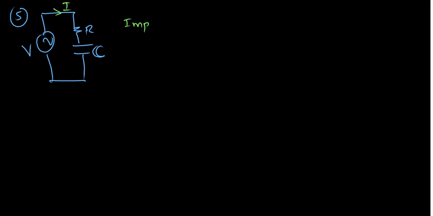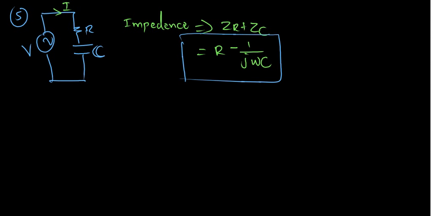So the impedance is ZR plus ZC. ZR is R. ZC, we already know, is minus 1 over j omega C. This is the total impedance for the circuit: R minus 1 over j omega C.